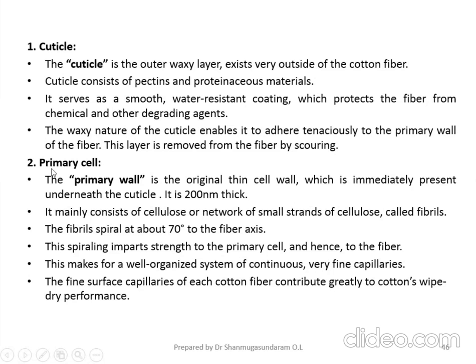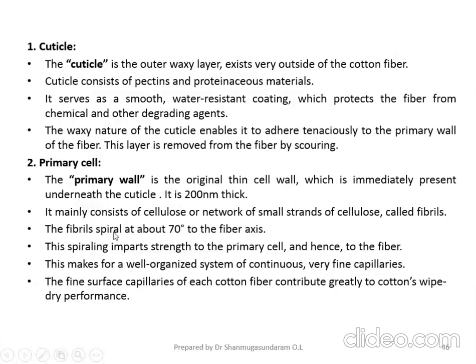Now the second element is the primary wall. The primary wall is the original thin cell wall which is immediately present underneath the cuticle. The thickness of the primary wall is 200 nanometers. It mainly consists of cellulose, or a network of small strands of cellulose called fibrils.